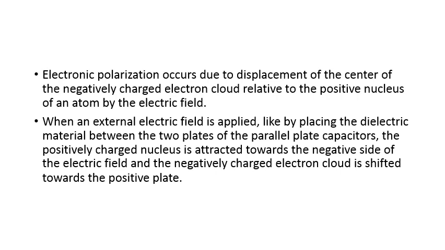When an external field is applied, like placing the dielectric material between the two plates, the positively charged nucleus is attracted towards the negative side of the electric field, and the negatively charged electron cloud is shifted towards the positive, and it behaves as polarized, which is unpolarized or non-polar in the absence of these fields.